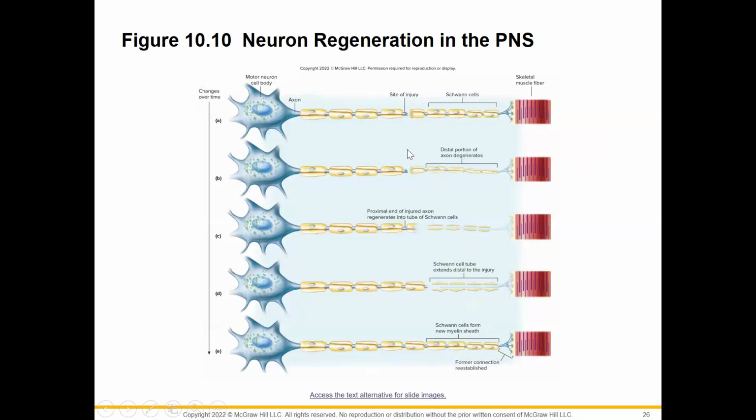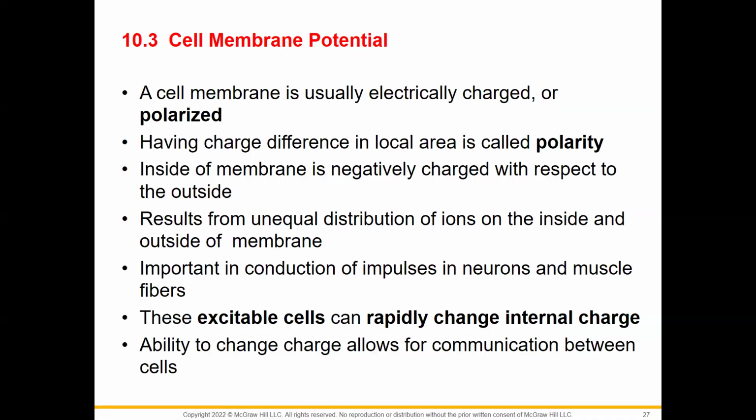If there is an injury somewhere along the axon, then the axon that is distal to the cell body, distal to the injury, will start to degenerate, but the neurolemma and the Schwann cells will remain so that as the axon starts to regenerate, they can guide the axon until it hopefully regains its former position so that it can regain its former function.